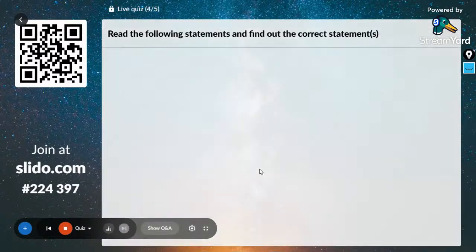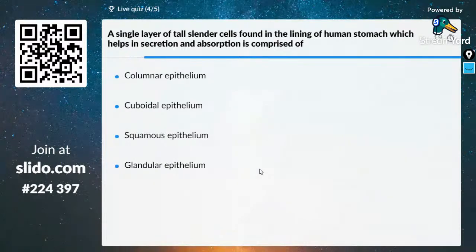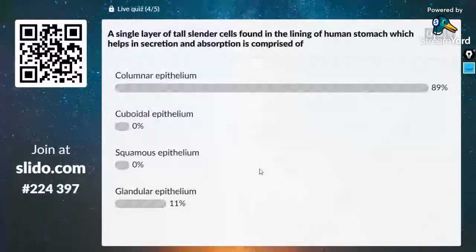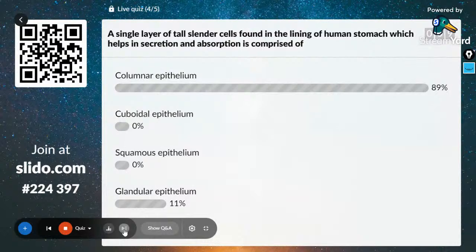Moving on to question number 4. A single layer of tall, slender cells found in the lining of the human stomach, which helps in secretion and absorption, is comprised of columnar epithelium, cuboidal epithelium, squamous epithelium, or glandular epithelium.